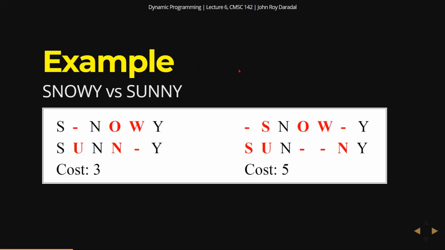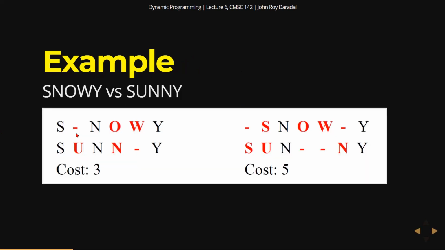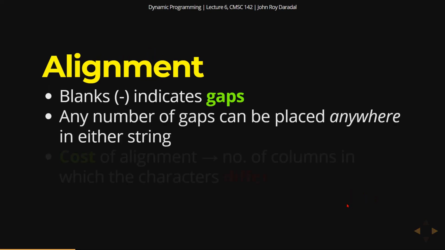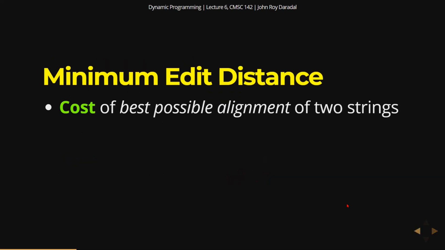So you could put as many blanks in there as you want in the alignment. And the cost of the alignment is just the number of columns in which the characters differ. So as I showed you earlier, we have 1, 2, 3, and then we have 1, 2, 3, 4, 5 here as the cost. So how many columns do they differ? That is the cost of the alignment.